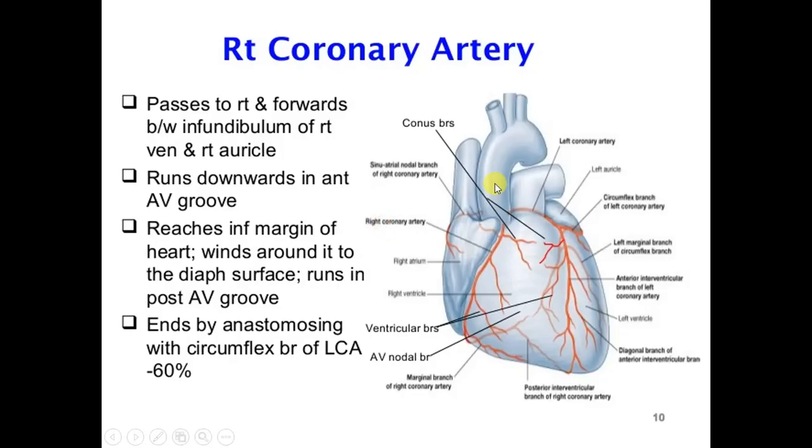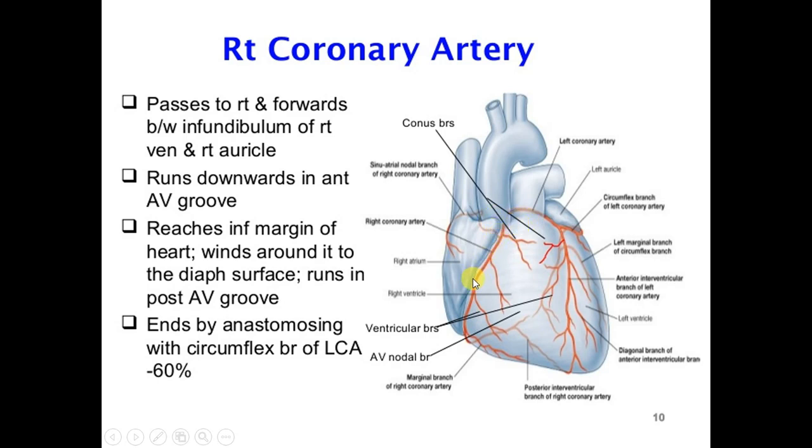Now we will see the right coronary artery. This artery runs to the right and forward between the infundibulum of the right ventricle and the right auricle. Here is the infundibulum of the pulmonary trunk, between the infundibulum and the right auricle.